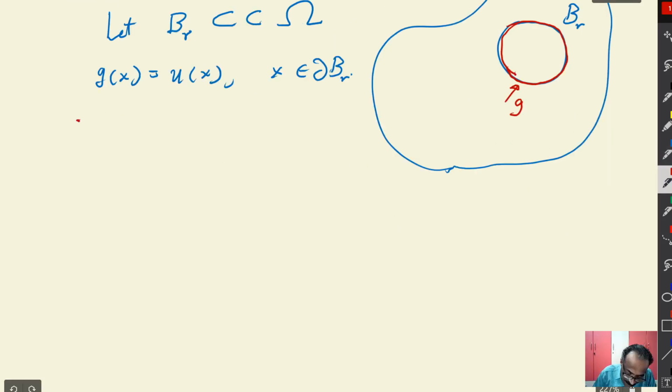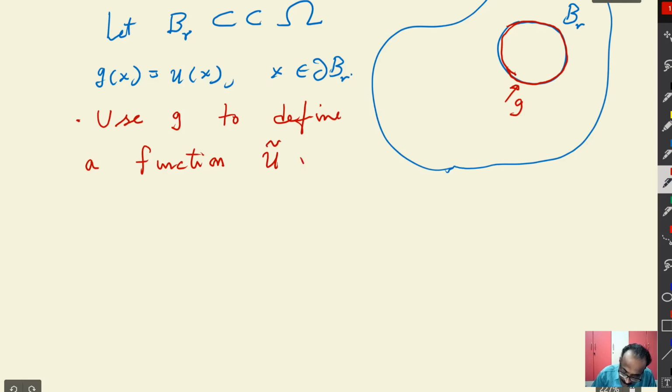Then use G to define a function U tilde in B via the Poisson integral. You know that.